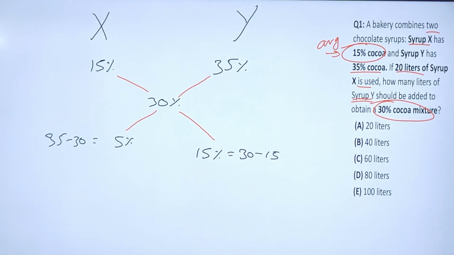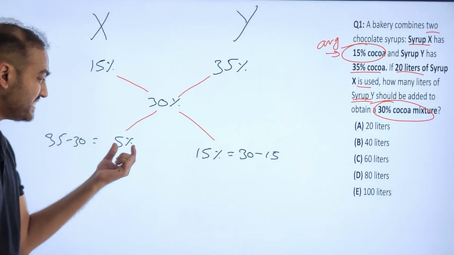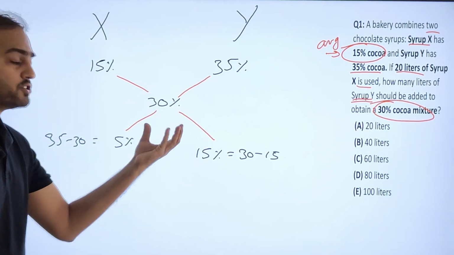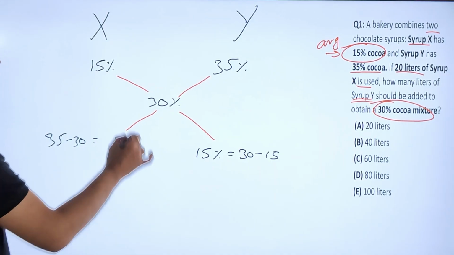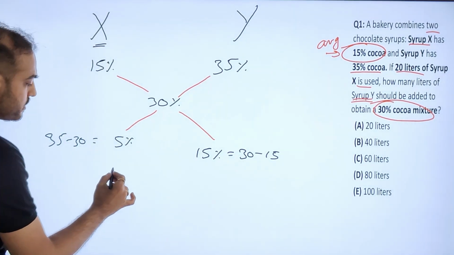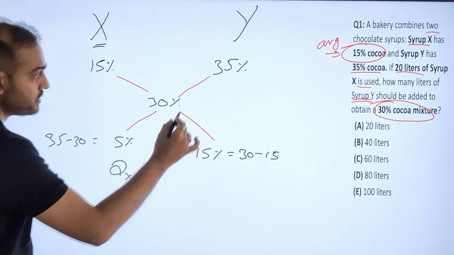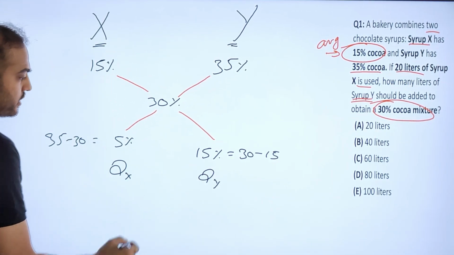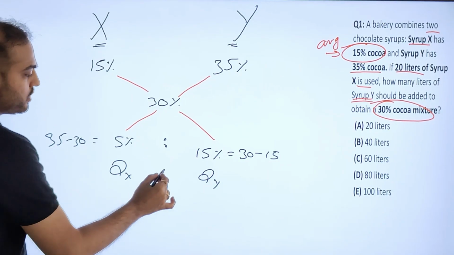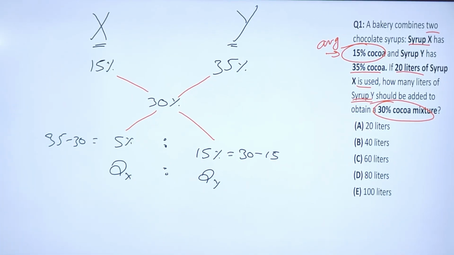Now again, from the method we know the difference ratio is the quantity ratio. But which quantity ratio? Since we have X here, quantity of X, and Y here, quantity of Y, this ratio is the quantity ratio.